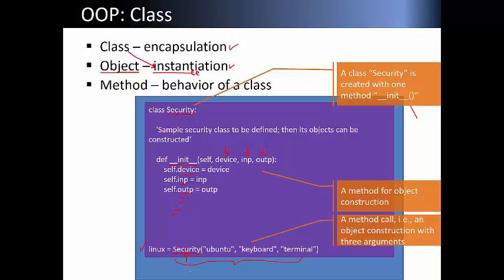And that object is assigned to this, Linux. So Linux is an object name. So next time, I want to go back to the object called Linux. Like, I want to go back to Martin.